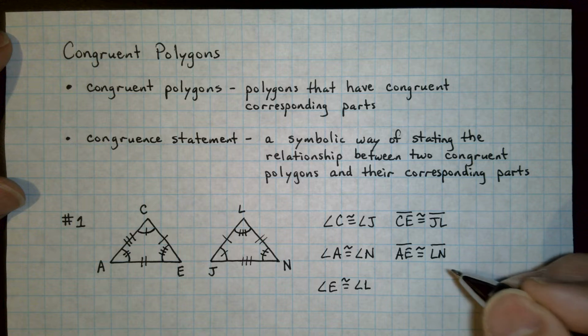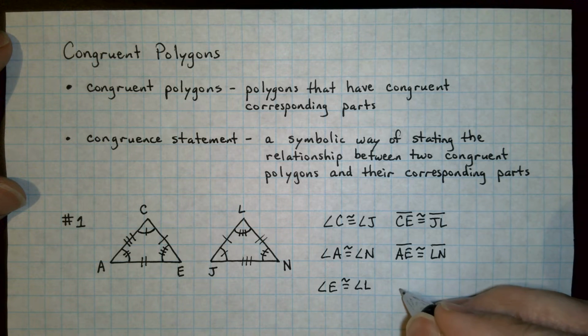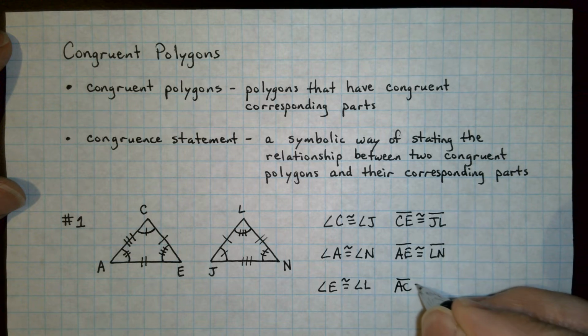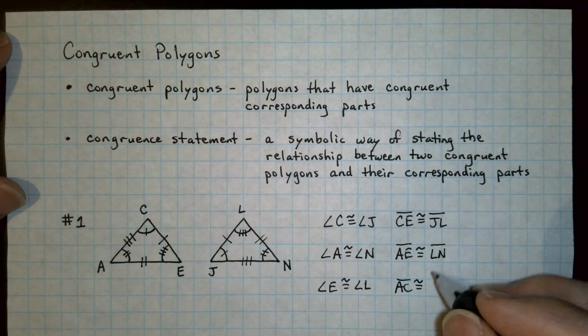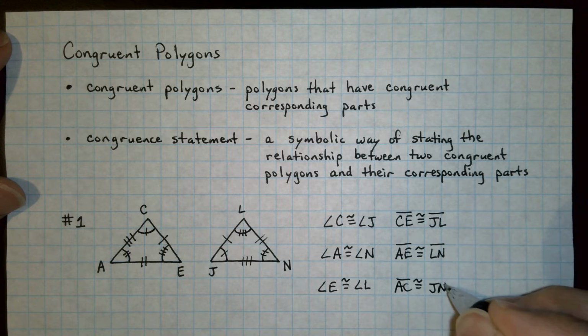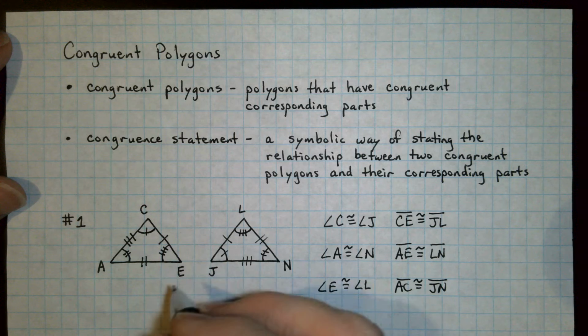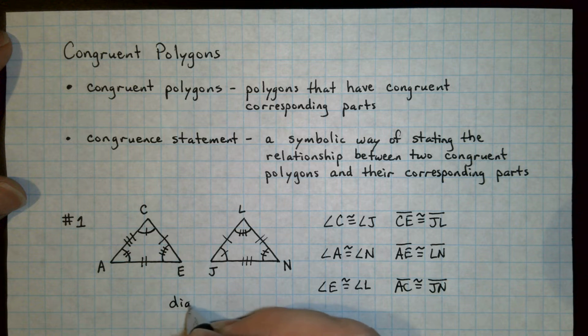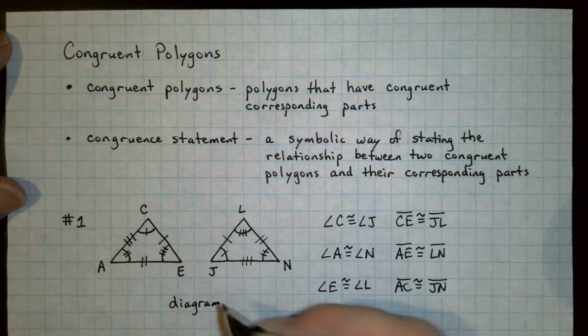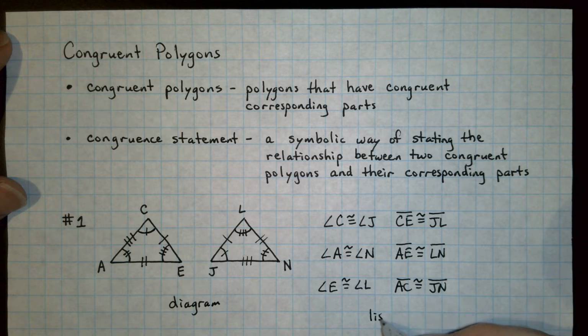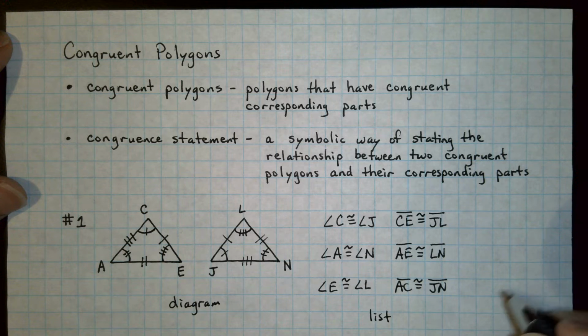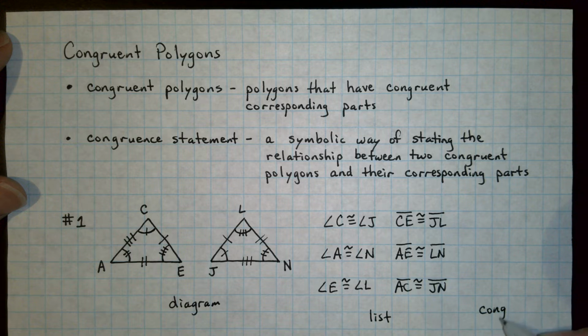LN or NL still means the same thing. Segment AC is congruent to segment JN. So we have a diagram, we have a list, and then we can also have something called a congruence statement.